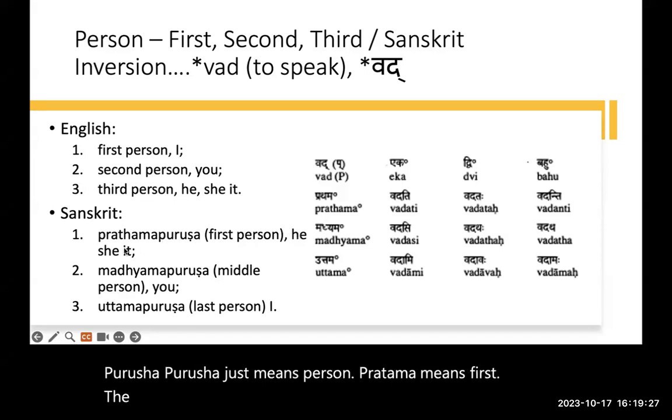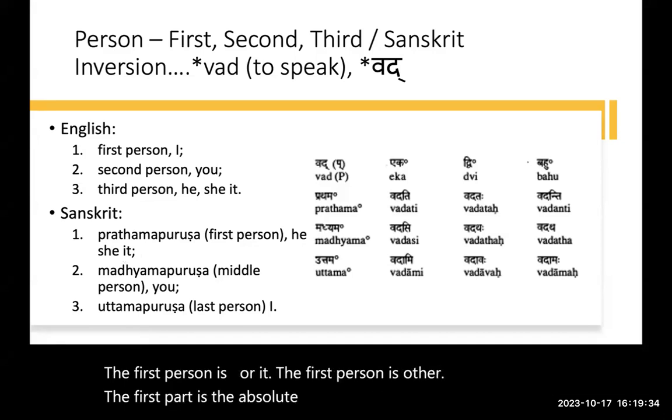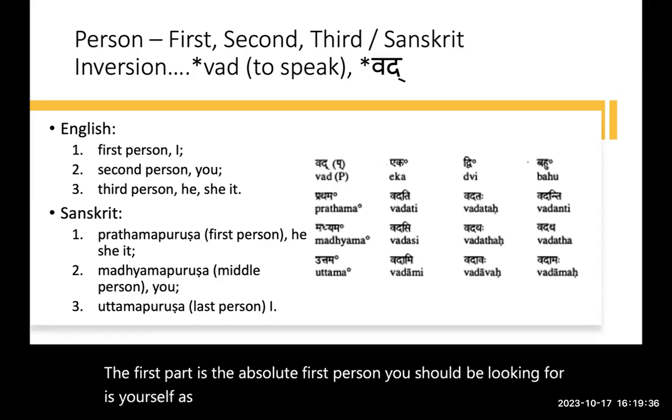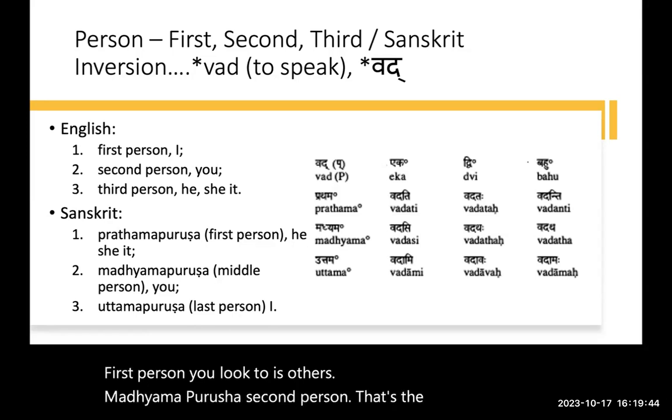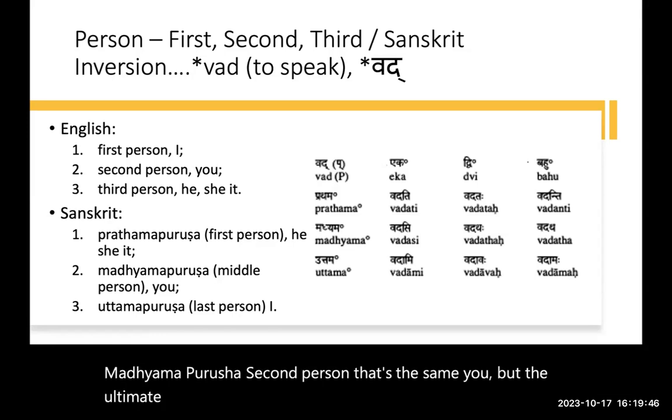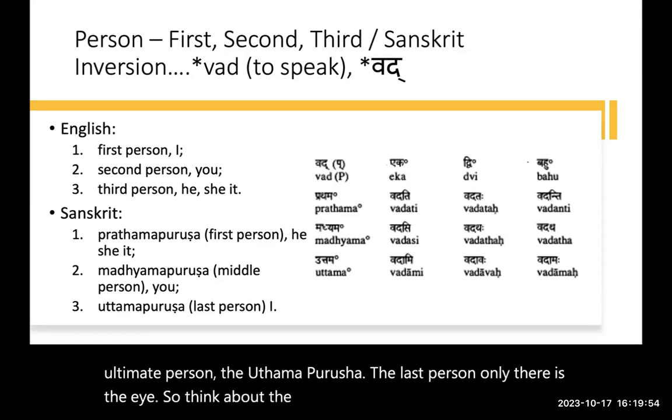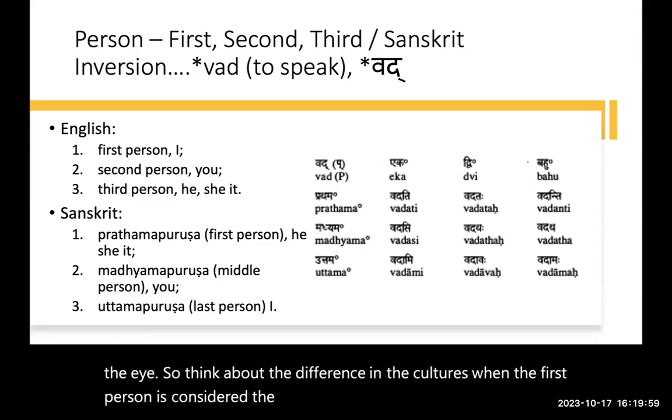The first person is he, she, or it. The first person is other. The first person you should be looking for is other people. Madhyama purusha, second person, that's the same, you. But the uttama purusha, the last person, only there is the I. So think about the difference in the cultures when the first person is considered the extreme other, as opposed to the first person being I.